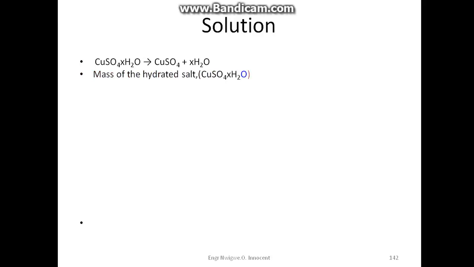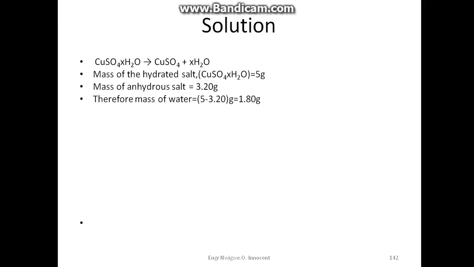The mass of the hydrated salt, which is copper tetraoxosulfate(VI) hydrate, is 5 grams. The mass of the anhydrous salt, which is the copper tetraoxosulfate(VI), is 3.20 grams. Therefore, the mass of water will be 5, the mass of the hydrated salt, minus 3.20, the mass of the anhydrous salt, which will give us 1.80 grams. Therefore, the molar mass of copper tetraoxosulfate(VI) will become 63.5 of copper plus 32 of sulfur plus 64 grams of oxygen, which will give us 159.5 grams.